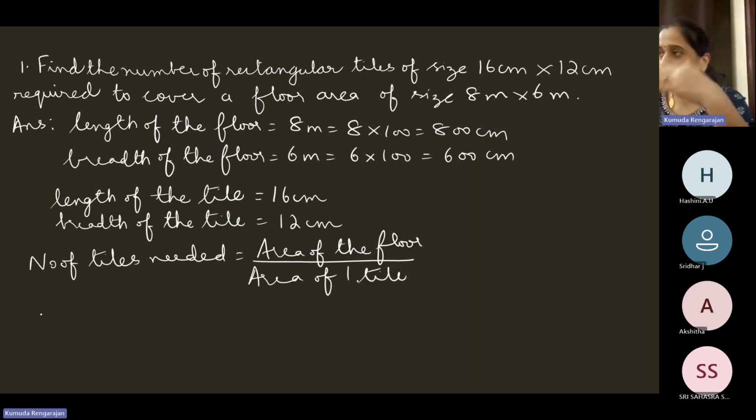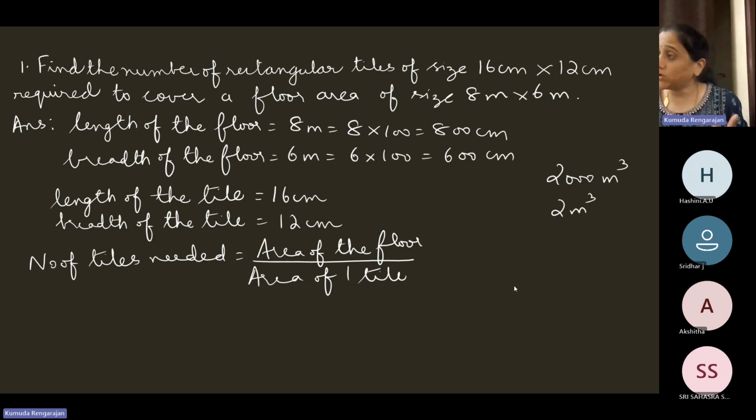See, always area by area or volume by volume will give you a number. Supposing there's a godown and you have to store identical cuboidal boxes in the godown. Say the godown has a volume of 2000 meter cubed and the volume of one cuboidal box is, for example, 2 meter cubed.